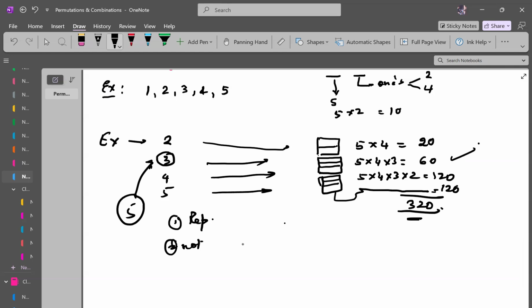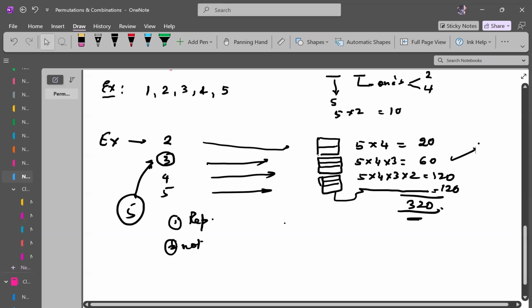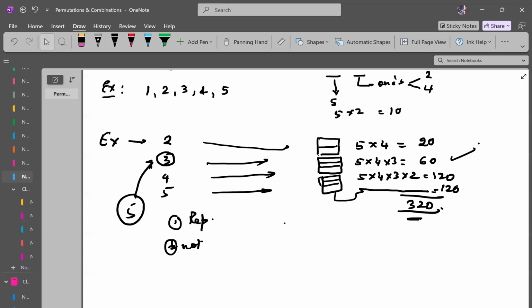How many three-digit even numbers can be formed from the digits 1, 2, 3, 4, 5, 6, if the digits can be repeated? Okay. Think carefully and answer.